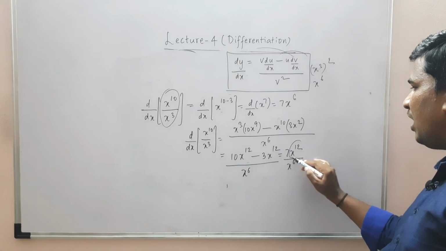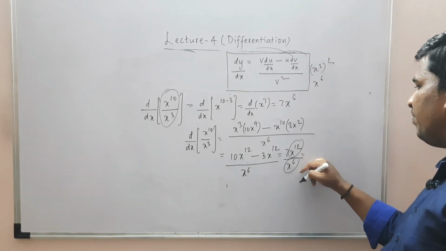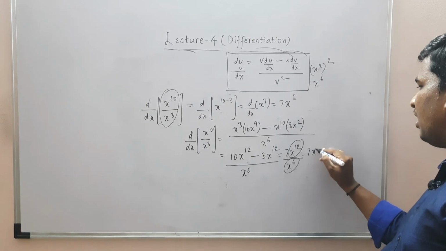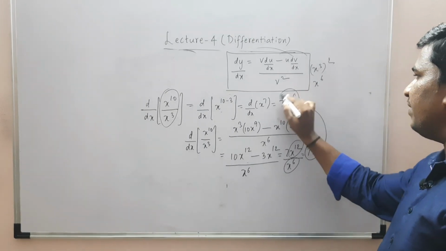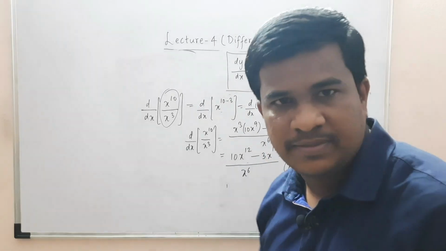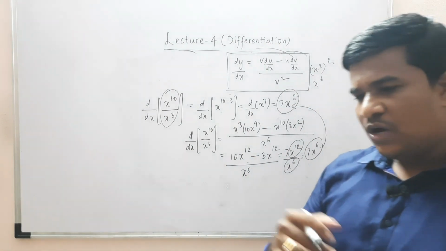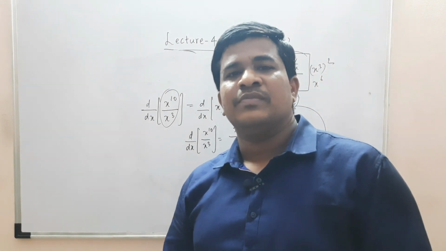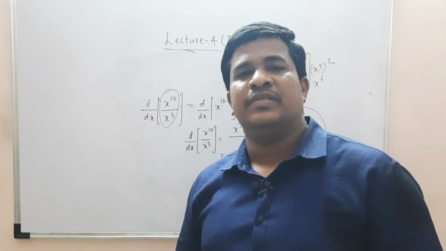So here you have x power 12, here you have x power 6. So it is a power m by a power n. So you will get 7x power 12 minus 6, that is 6, which is same as 7x power 6. Right? So this is how you have to do differentiation in case of division of two functions.